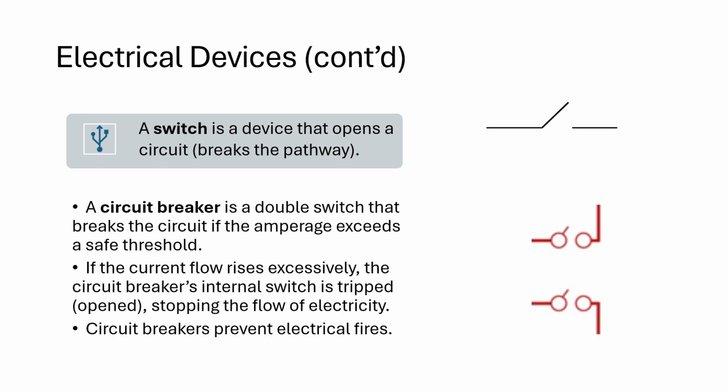Or the hot and the return. A circuit breaker monitors the circuit for current, okay? And it opens the switch when the current gets too high, which is overload. Overload, that is a current that gets too high, can cause an electrical fire, okay?